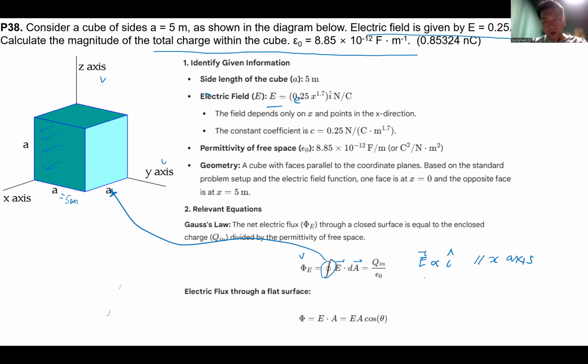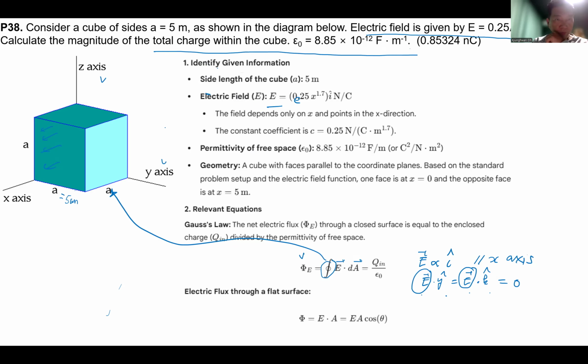So E dot j or E dot k is 0. Okay, this is the i. In other words, the x-axis, y-axis, and z-axis are orthogonal to each other.